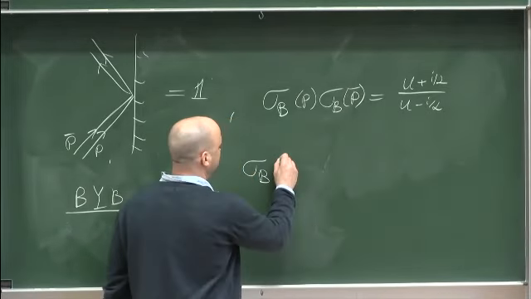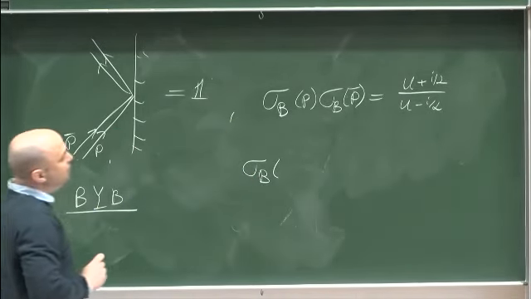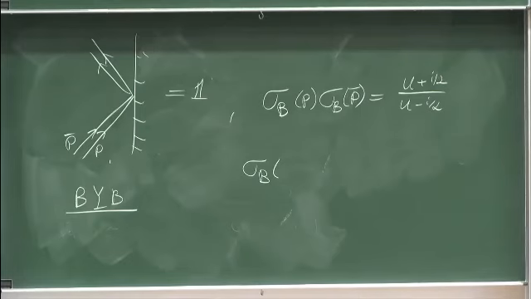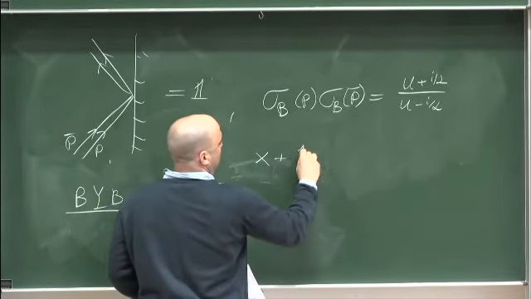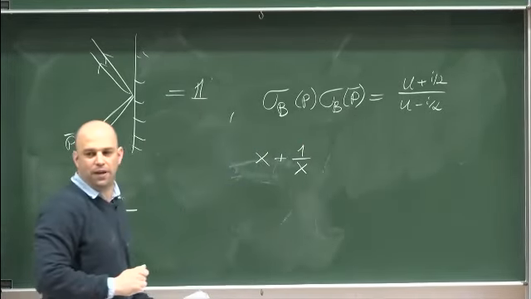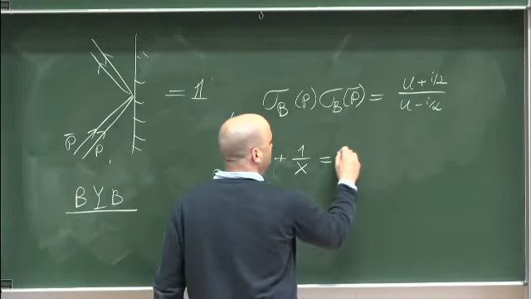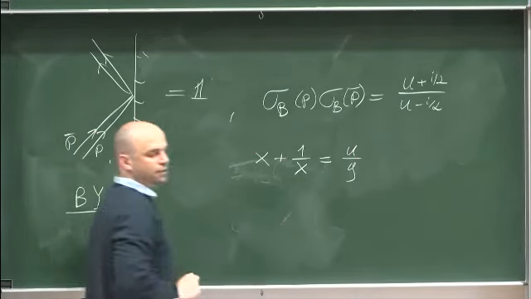Okay. So another useful set of variables is called the x's, and they are related to u by what is called the Joukowsky map. Let me write it fast. We have x plus 1 over x, which is just the definition of this variable x, equal to u over g.